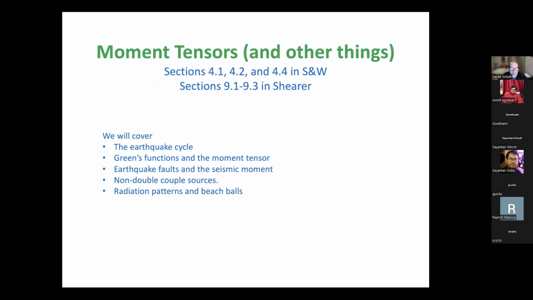We just finished chapter 3, and we are going to briefly go over moment tensors. We will cover the earthquake cycle, Green's functions and the moment tensor, earthquake faults and seismic moments, non-double-couple sources, and radiation patterns and beach balls. That will be in today's lecture and also tomorrow's lecture.